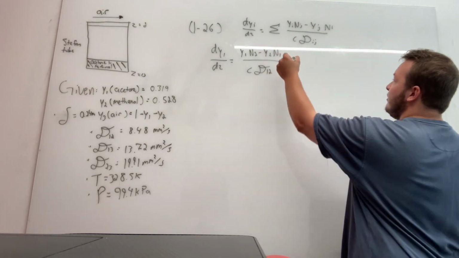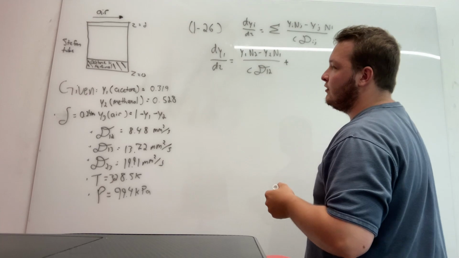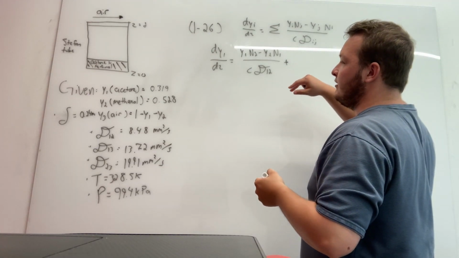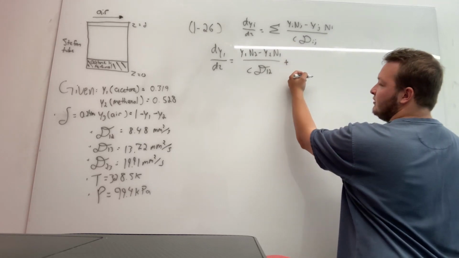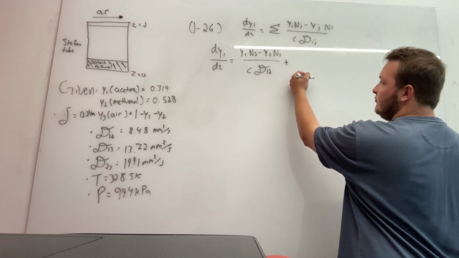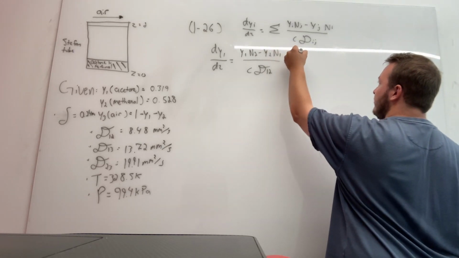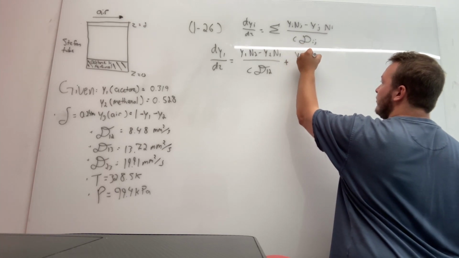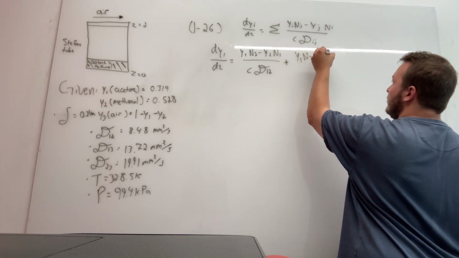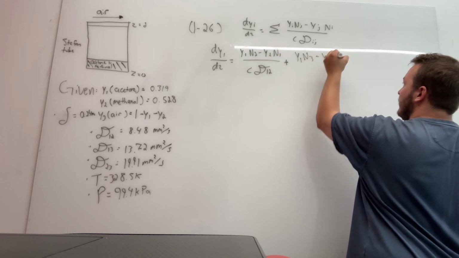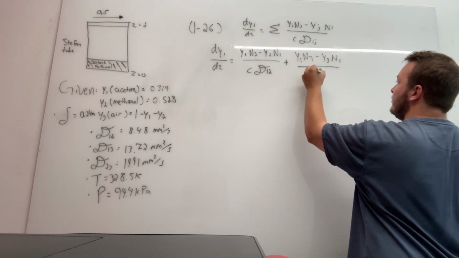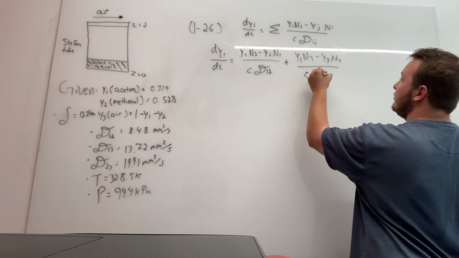And we can do the same thing for the interaction between acetone and air. In the same method, you just replace 2 with 3: y1 N3 minus y3 N1, all over c times the Stefan-Maxwell coefficient of 1, 3.